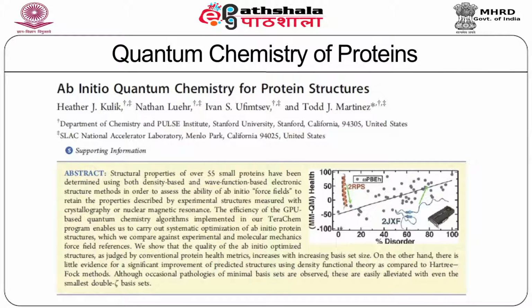Recently, even ab initio quantum chemistry calculations have become possible, as shown in the publication in the figure, where completely ab initio calculations have been carried out for 55 small proteins.